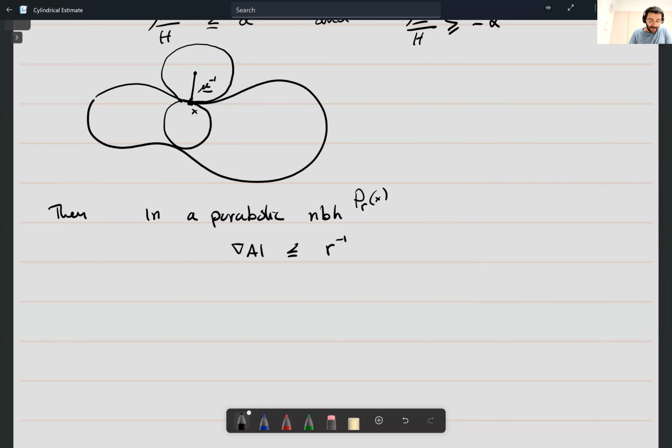I actually didn't write this part down, so I'm trying to figure out what these numbers are. It should be minus k there, c minus k.